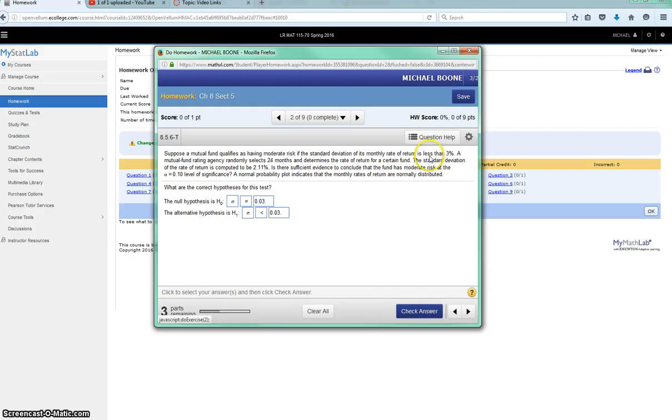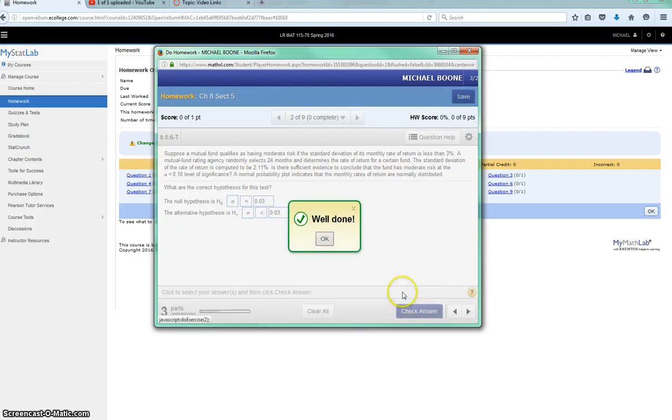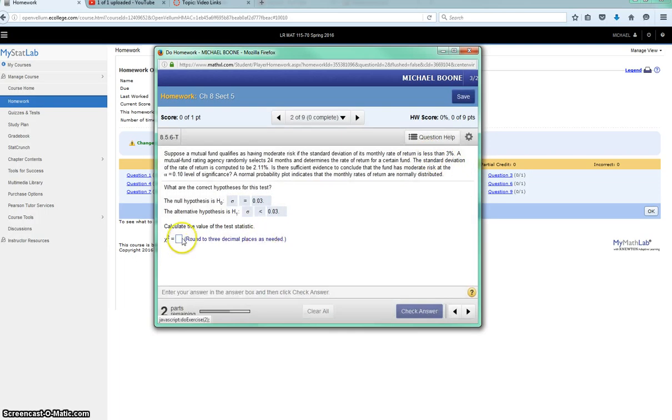So let's check that based off of the clues of the sentence, right? So again, your null is always going to be equal, your alternative is going to be less than, greater than, or not equal to. You kind of have to determine that off of what you've read. In this case, it says less than. So calculate the test statistic.